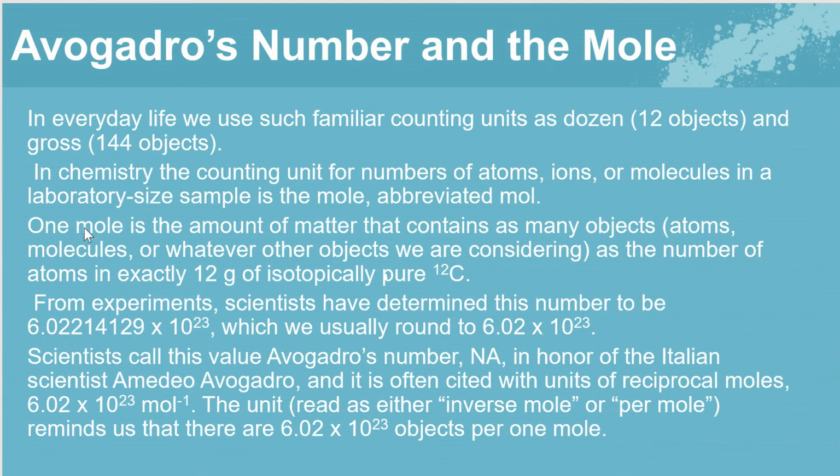So in other words, we're saying that 1 mole of matter contains exactly 12 grams of isotopically pure carbon 12, and from experiments, scientists have determined that this number is 6.02 times 10 to the 23, which is our Avogadro's number.